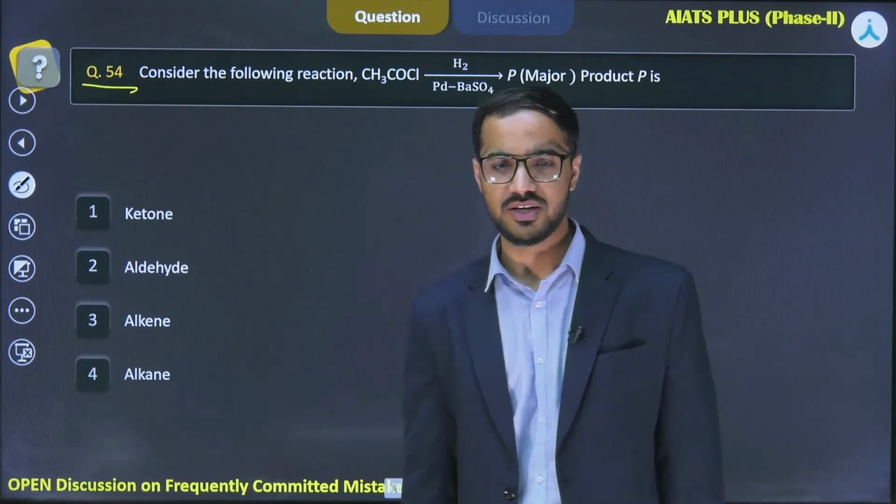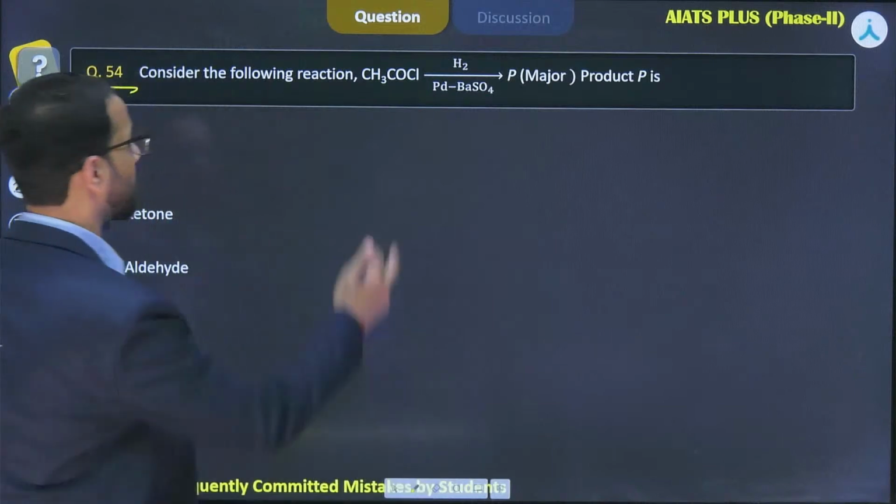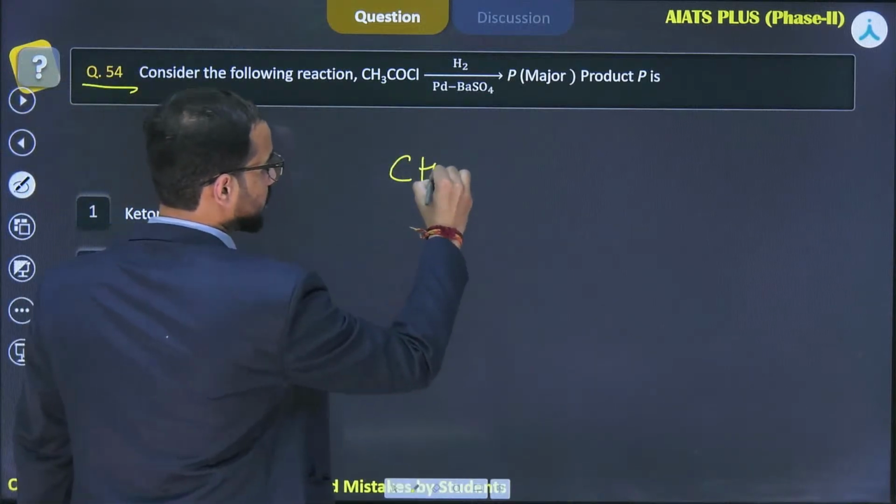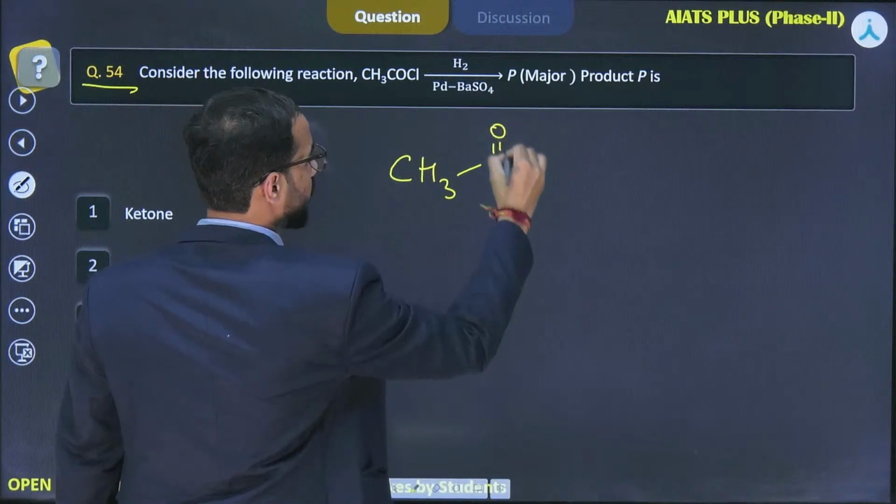We should not give that much time to this reaction. The reaction is CH3, C double bond O, Cl.